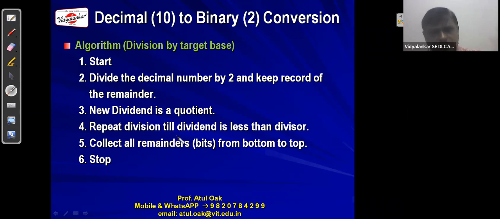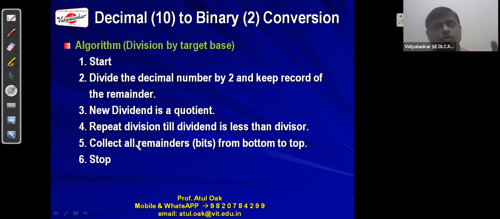Repeat this process. Again divide by 2, again divide by 2, till your numerator is less than denominator, okay. This you will see in the next 2 minutes. I'm just going through the algorithm.